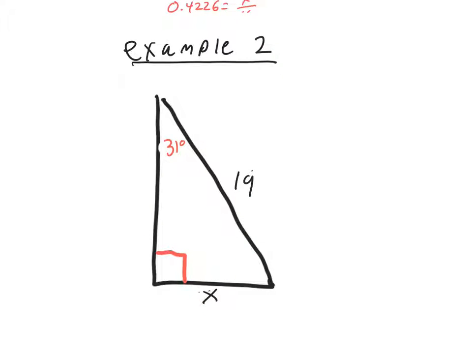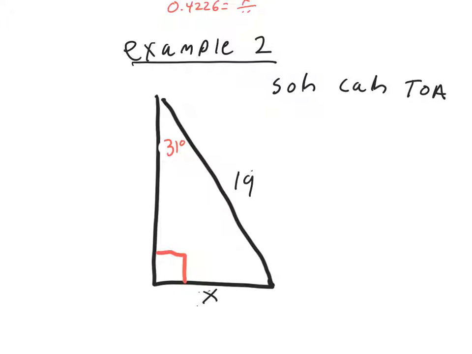Okay, let's try another one. On this one I have an angle of 31 degrees, a missing side of x, and a side of 19. So I'm going to write down SOHCAHTOA again so I can figure out which one of my three trig ratios I want to use. And then I'm going to identify the sides.